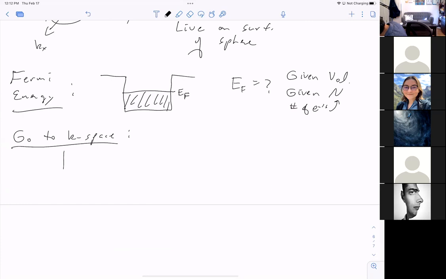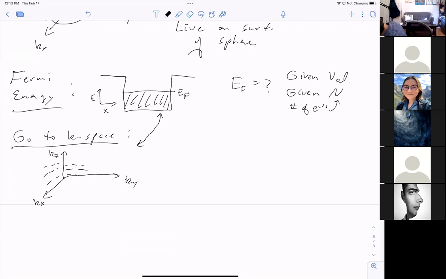And in K-space, you can see that this picture, where here I'm drawing energy versus x, converts to this picture where now I have this funky grid where this is Kx, Ky, Kz.